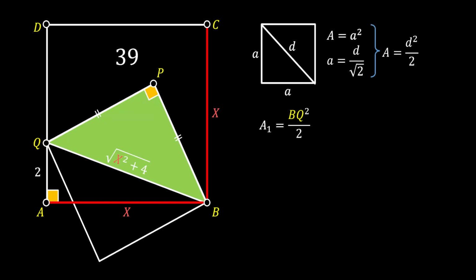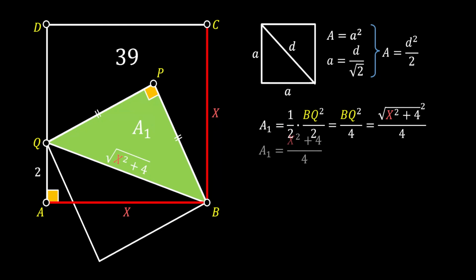But, remember, we're just looking at the triangle BQP, which represents the half of the square, so the area of this triangle will be equal to 1/2 of BQ squared over 2, and let's also label this area as A1. Now we can work through this and substitute the value of BQ from the sketch. We can cancel out the square root and square and get that this area equals x squared plus 4 over 4.